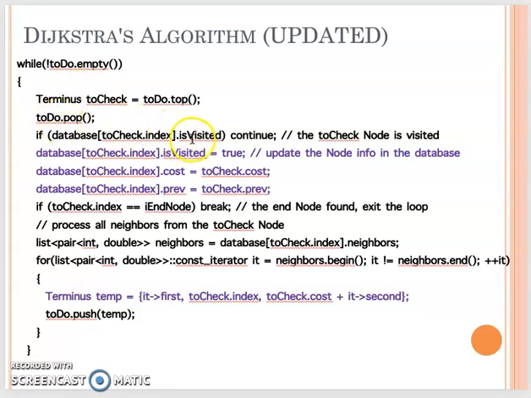If this one is visited, we can just skip because we already found the shortest route. But if not, we need to update back from the terminus we popped out to the database. We set this considered node index as visited, the cost from our terminus cost to the database cost, and we have the proof one.